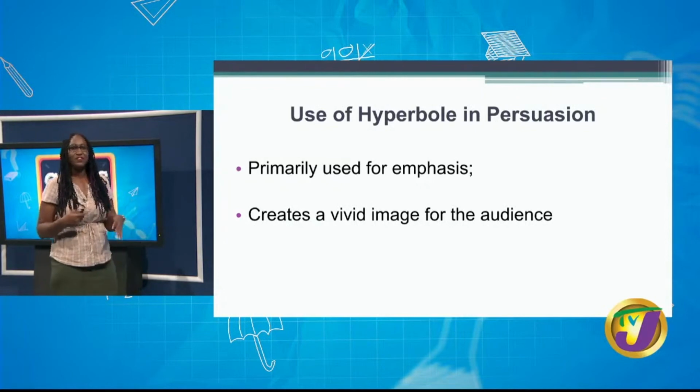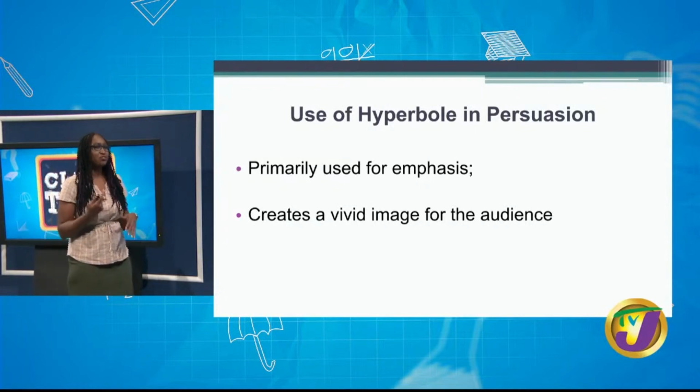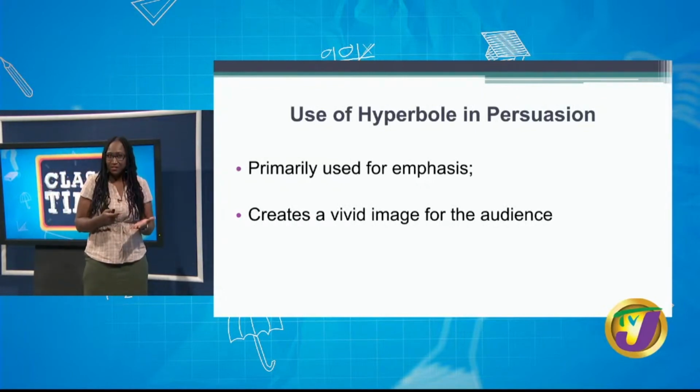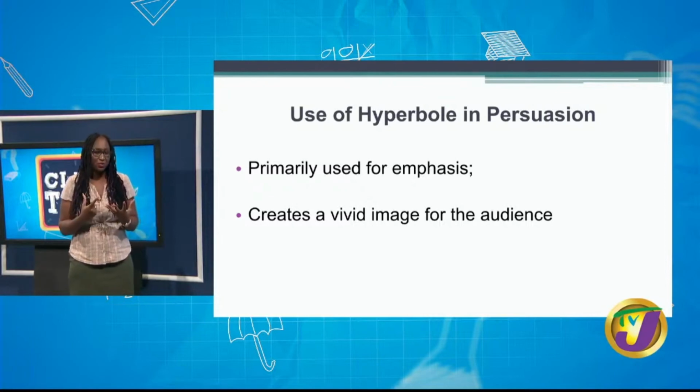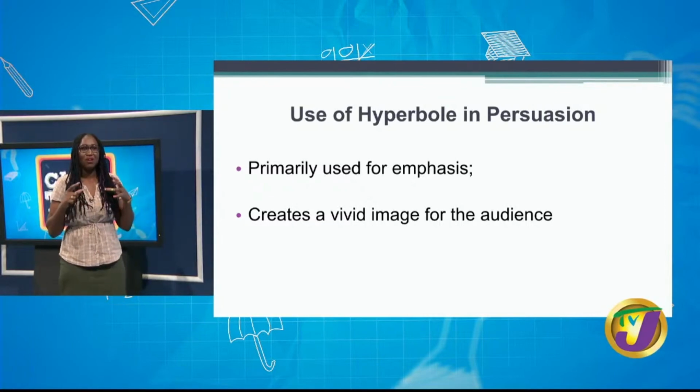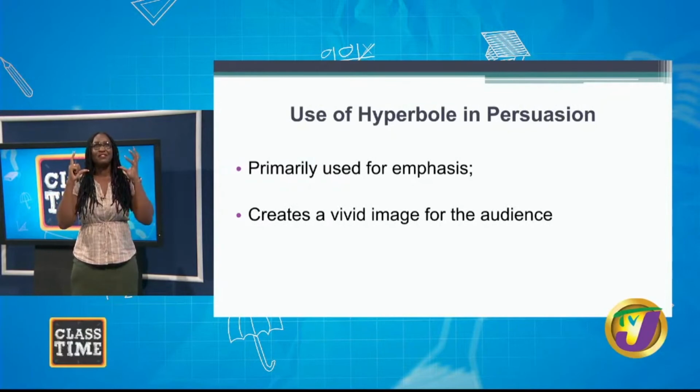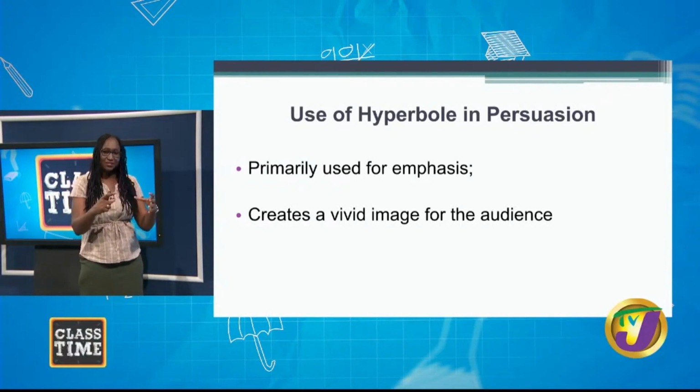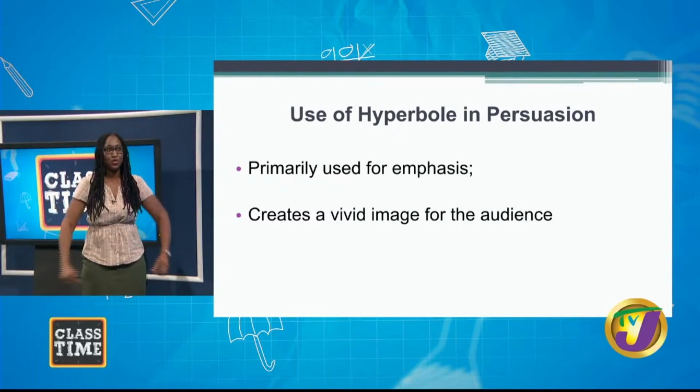Now, of course, if you're going to blow something out of proportion, you're doing it for the purpose of emphasis. So you're trying to emphasize something. You're trying to make sure that your audience can vividly see what the issue is. So you're not just going to say it as it is, you're going to maximize it, you're going to elevate it, you're going to explode with it.